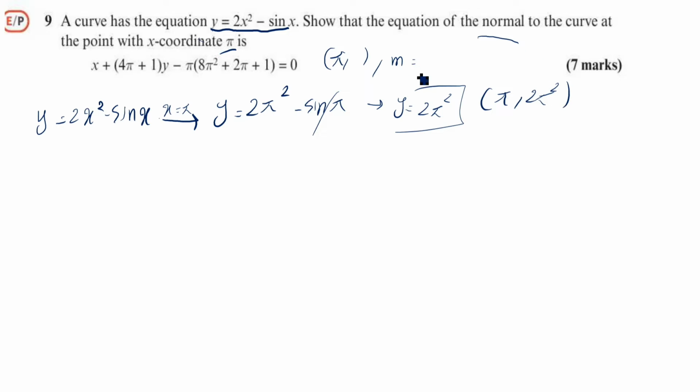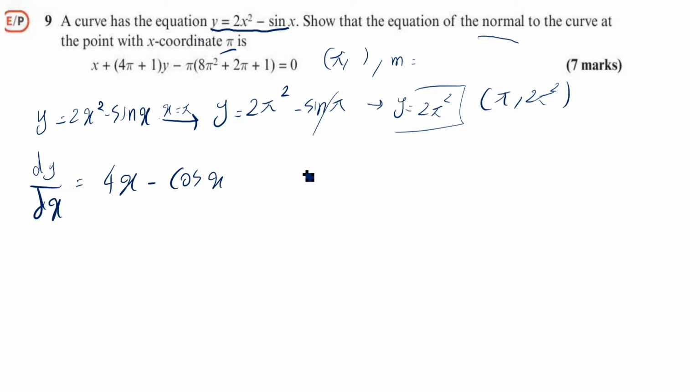Now we need to find the gradient of this equation at this point. So we'll start by differentiating the equation. So we write dy by dx, which is going to be 4x minus cos x, because minus sine x differentiates to minus cos x.